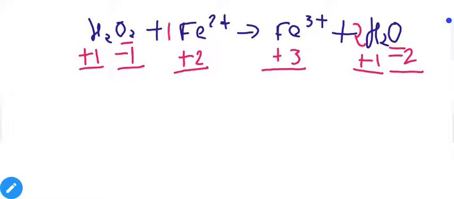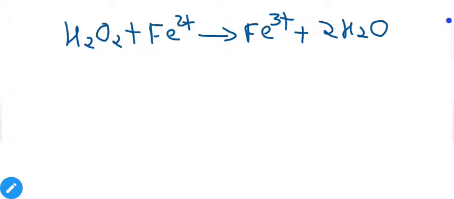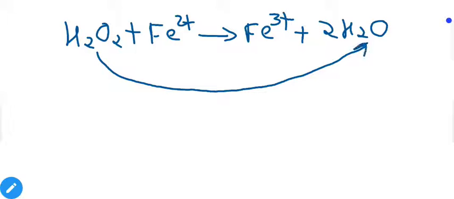Before the reaction Fe is 1, after the reaction it is 1, so no need to worry about it because it has a similar quantity. Now the change in oxidation state. For peroxide, one oxygen changes from -1 to -2. That means for one oxygen the change is equal to 1 electron, but we have two oxygens, so the total change is equal to 2 electrons in the reduction reaction.